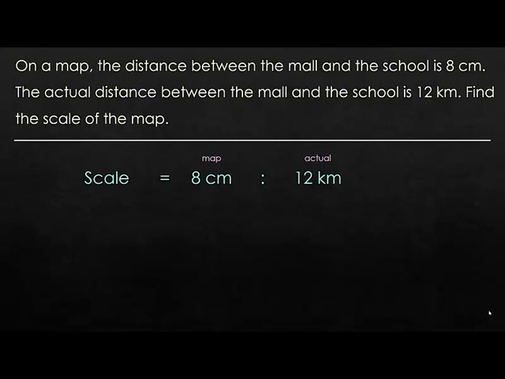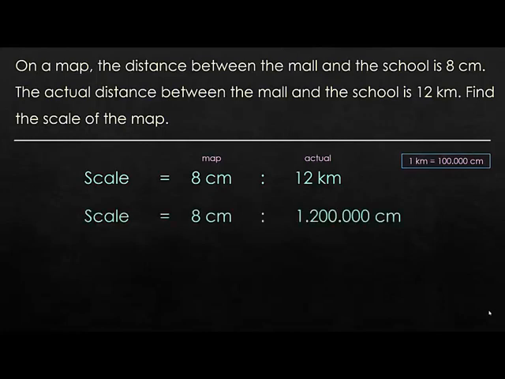Both numbers have different units, so we change kilometers into centimeters. Remember, 1 kilometer equals 100,000 centimeters. So 12 kilometers equals 12 times 100,000 centimeters, which equals 1,200,000 centimeters. So the scale is 8 centimeters to 1,200,000 centimeters.